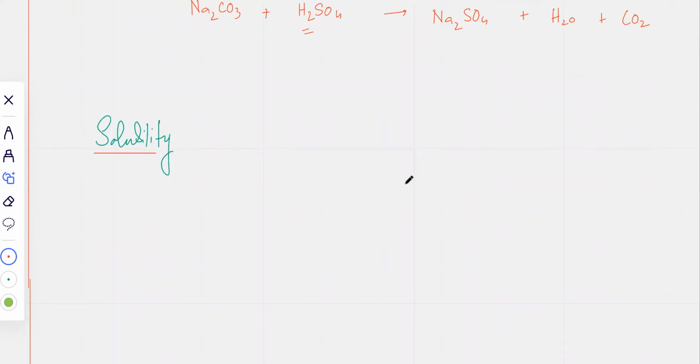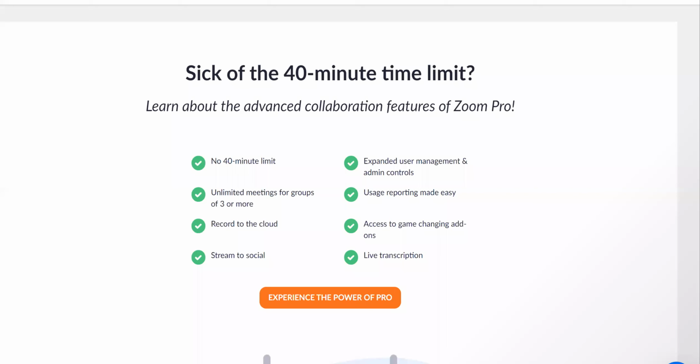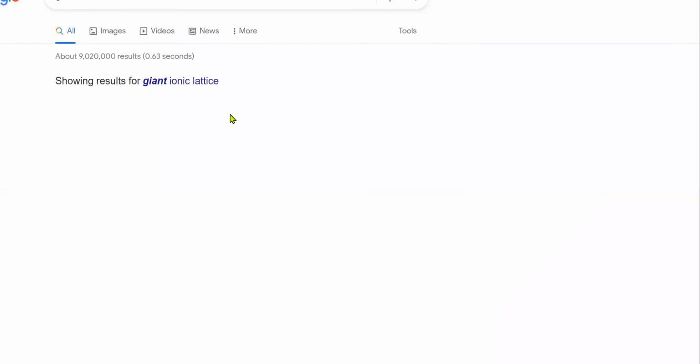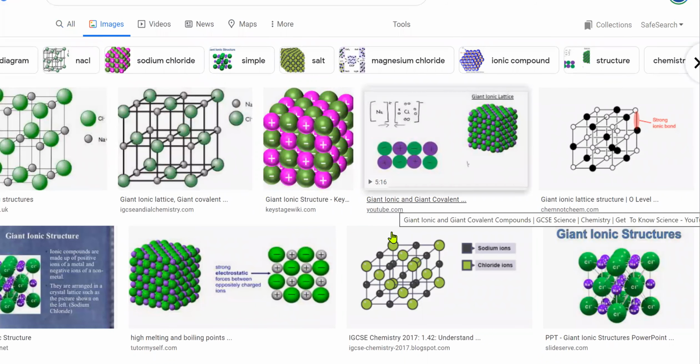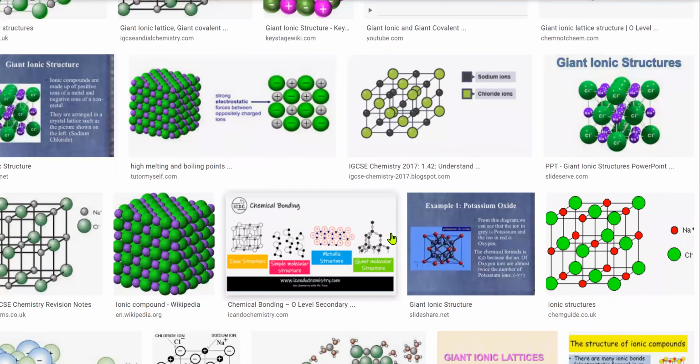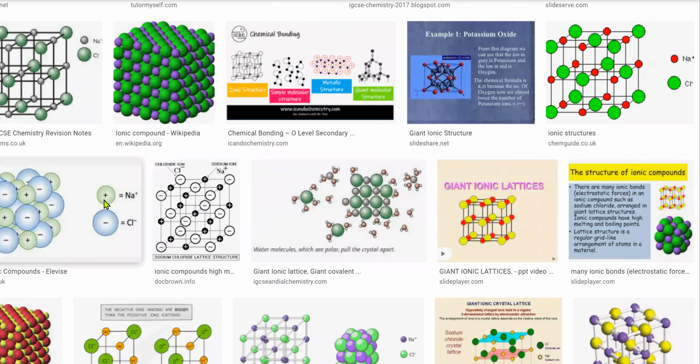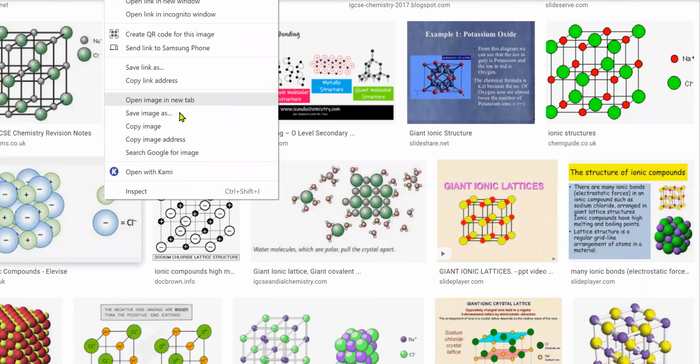So what do we mean when something dissolves in water? Here's your typical giant ionic lattice, which we did earlier. Let's copy this image.